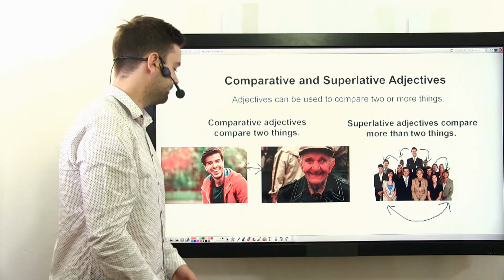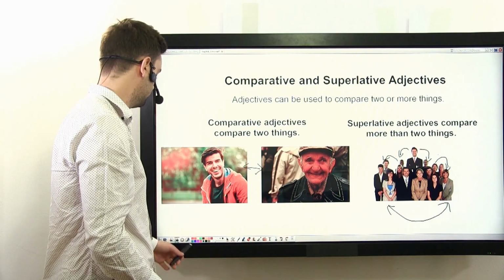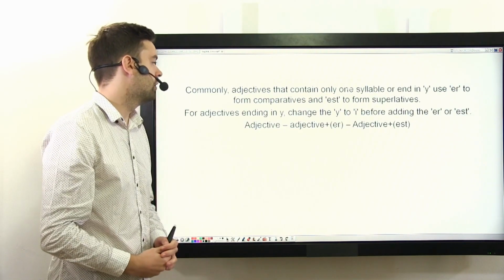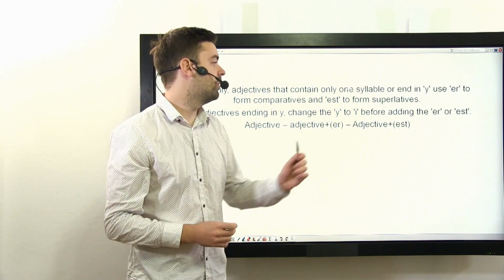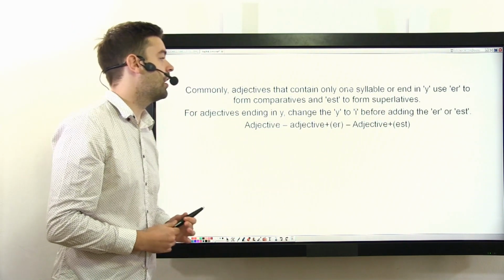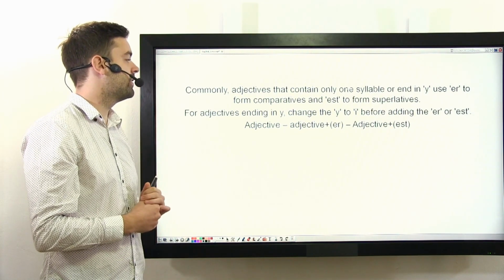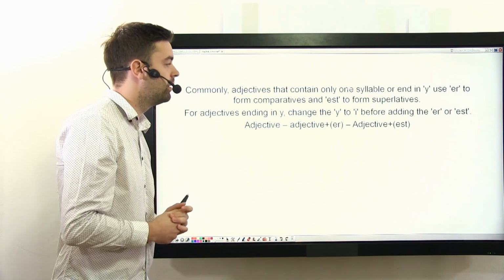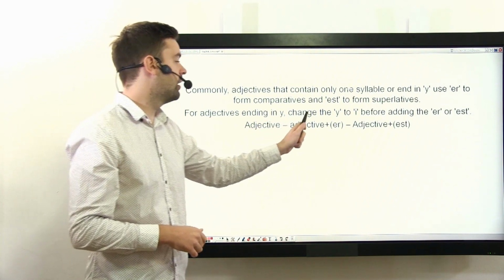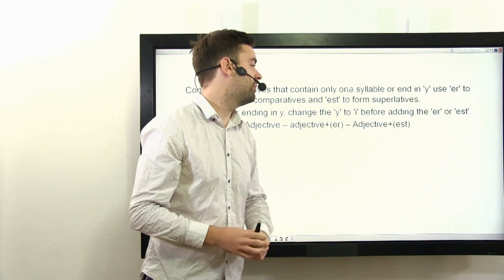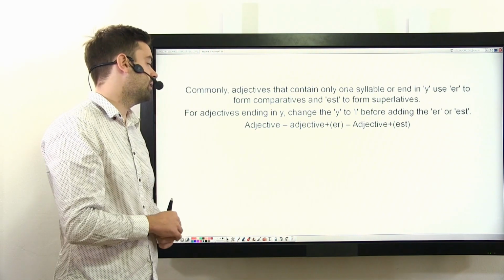Commonly, adjectives that contain only one syllable or end in y use er to form comparatives and est to form superlatives. For adjectives ending in y, change the y to i before adding the er or est.